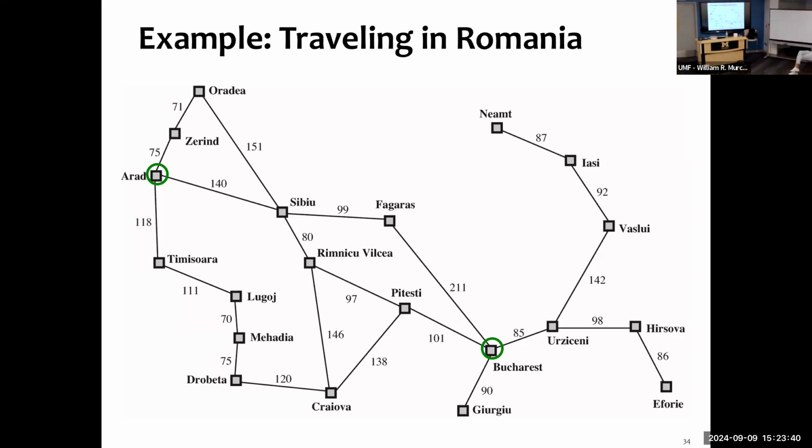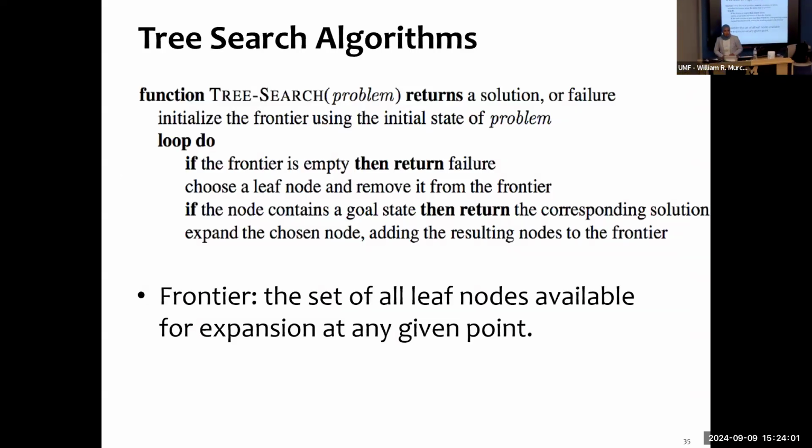And our main objective or target is to reach this node, which represents a city called Bucharest. Different actions are going to be taken, and we can consider different search algorithms in this case. So the very basic one is the tree search algorithm.